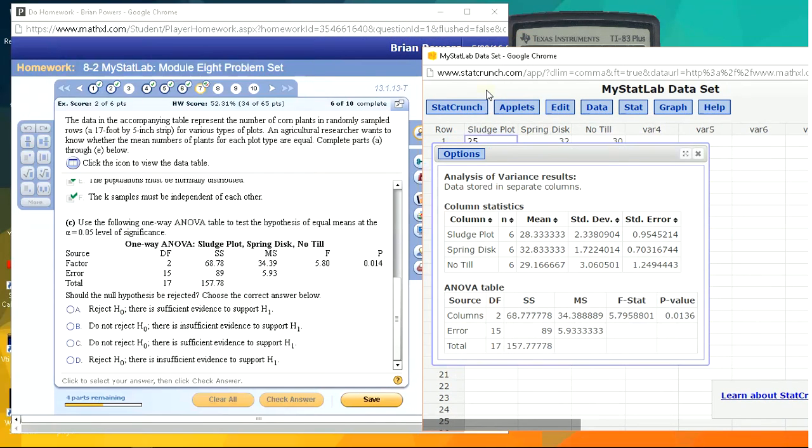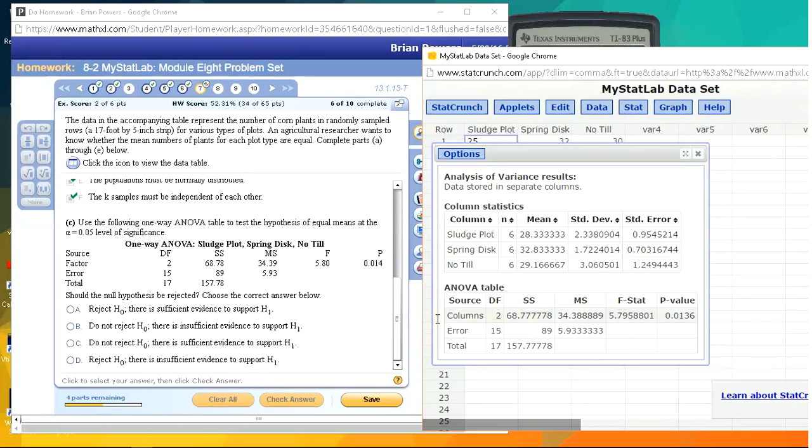You can see in my ANOVA table, for my factor, the columns, I have 2 degrees of freedom. Each column represents a different factor, so-called factor.